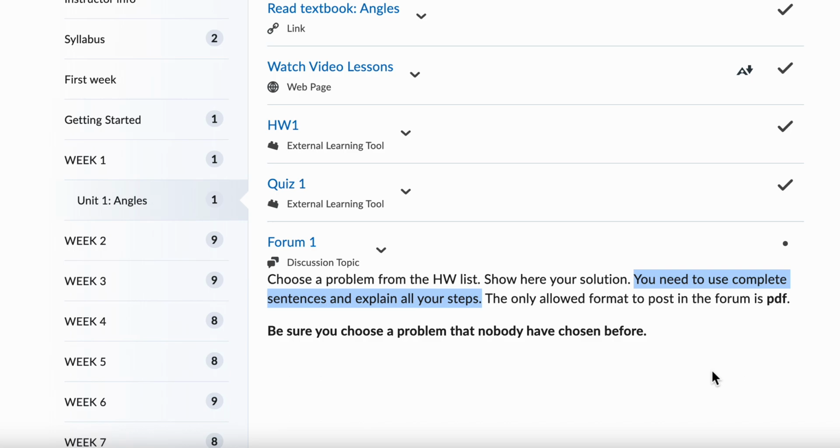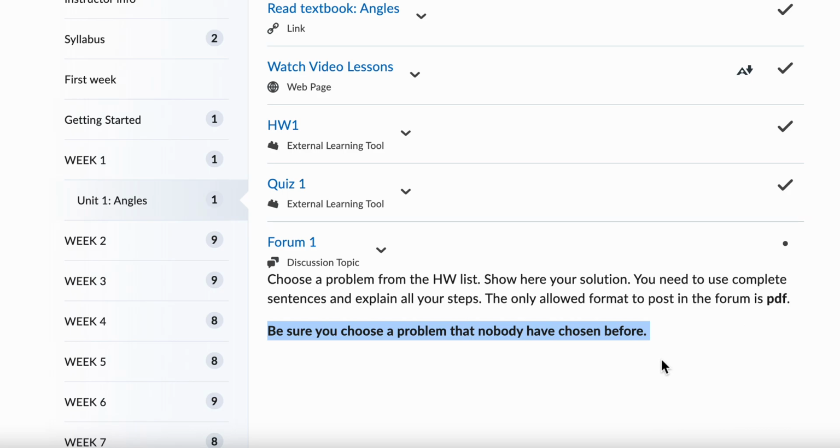And so when you finish, you make a PDF and that is what you are going to submit as your forum post. So from the list of homework problems, you are going to choose one problem. It should be the problem of your choice, only you have to be sure that nobody has chosen that problem before, so be sure that you read other people's forums, and then choose another one.